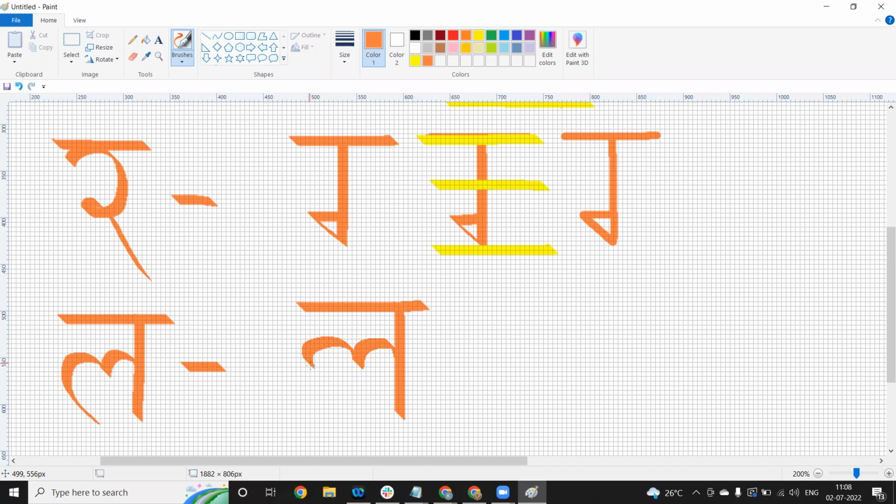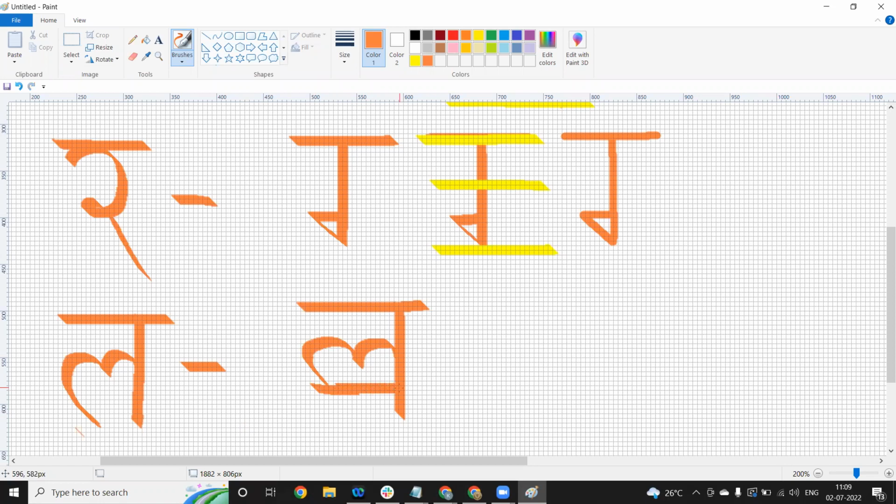The only point of difference that you will find here is the second loop. If you see here, the second loop is touching the base where this vertical stroke is ending in this case. And here, the second loop that I have drawn is only half. So it doesn't come all the way down like we have in Devanagari. This loop is a little shorter. You have to stop it here.